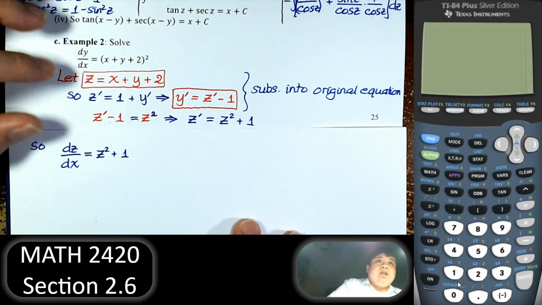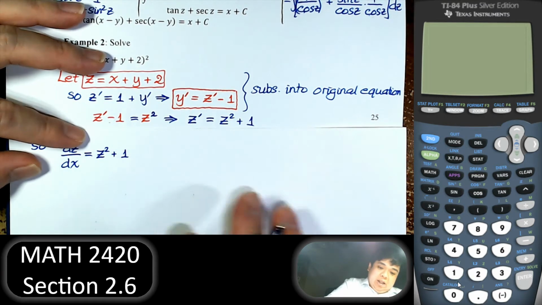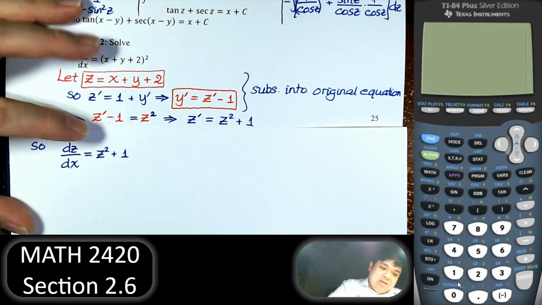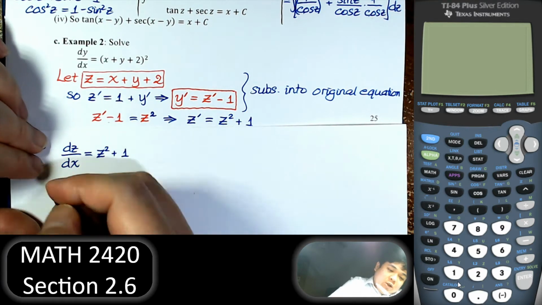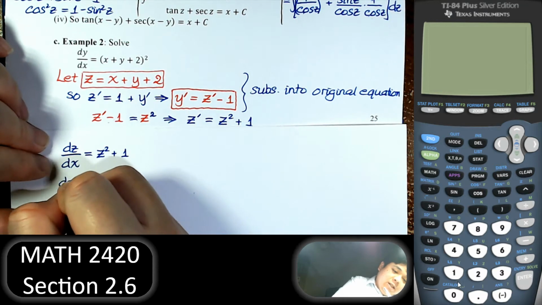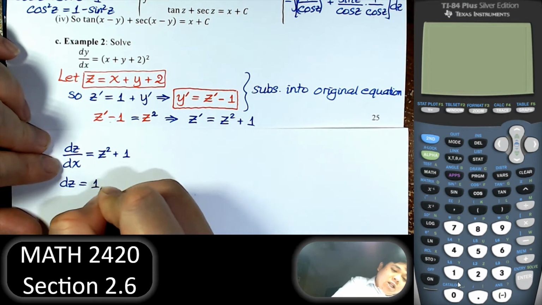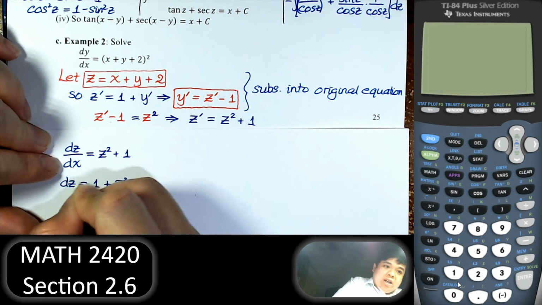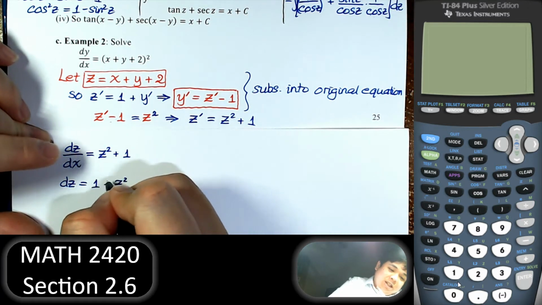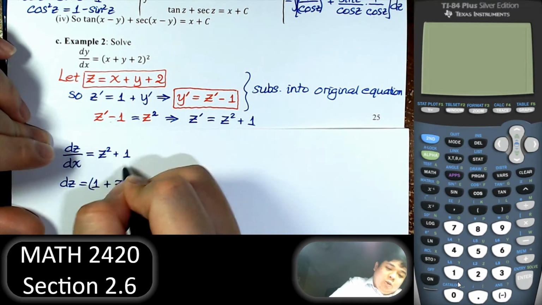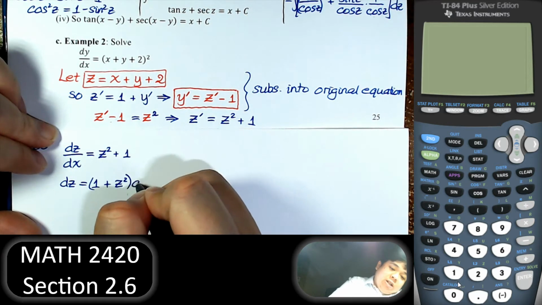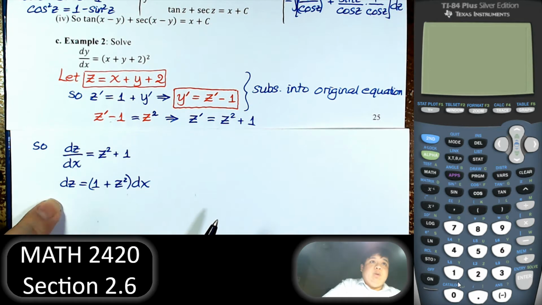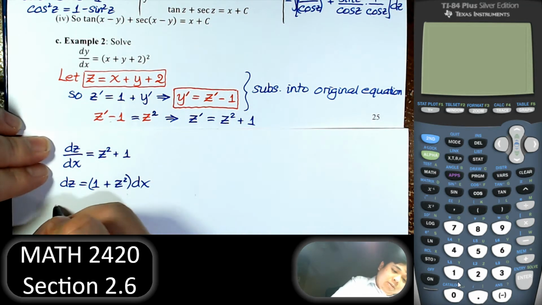By the way, this will not take as much space as we have here, so I don't need to divide the page in half. So dz, move the dx over, so dz equal to 1 plus z squared. I would prefer to write in that form, 1 plus z squared instead of z squared plus 1. Move the dx over. That's what we have. And then divide by 1 plus z squared on both sides.